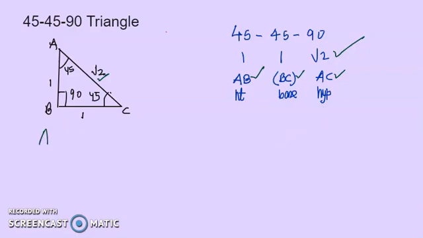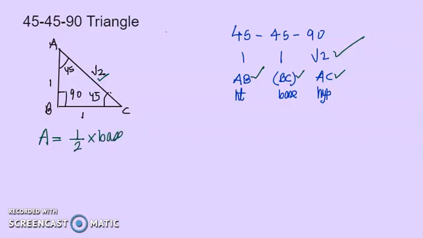The formula for area, as we know, is half times base times height. Half, and base is BC, so we can write here BC, and height is AB.